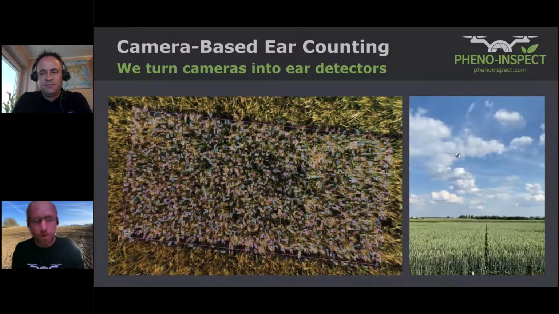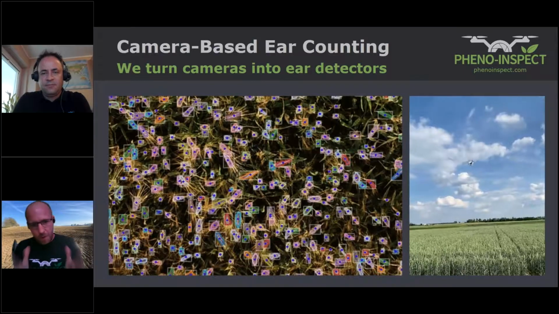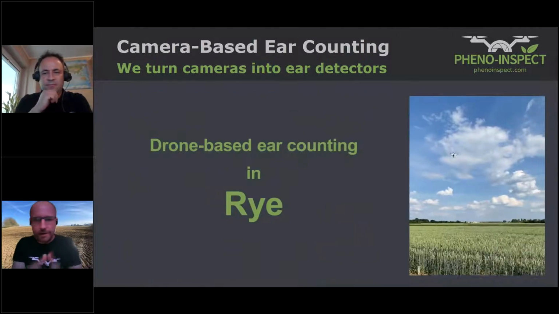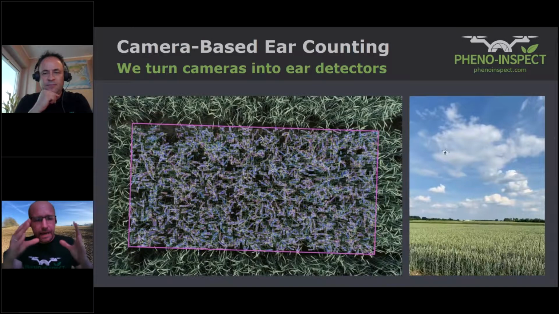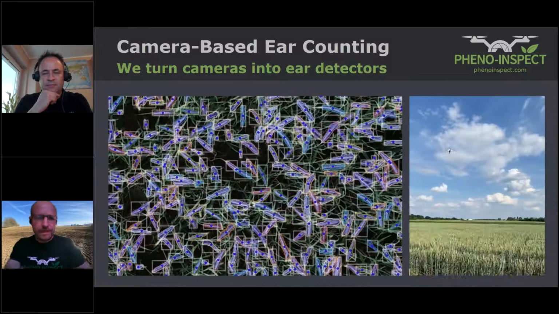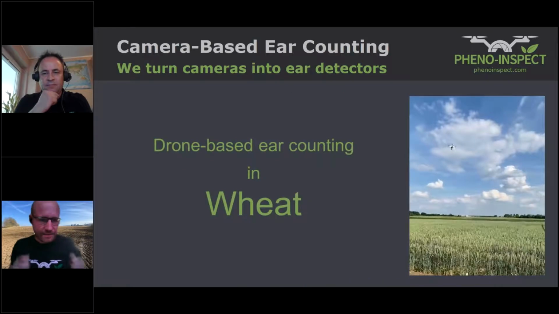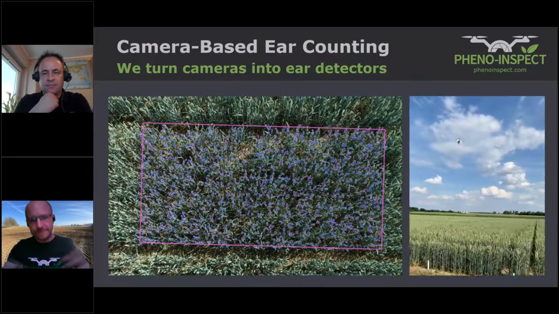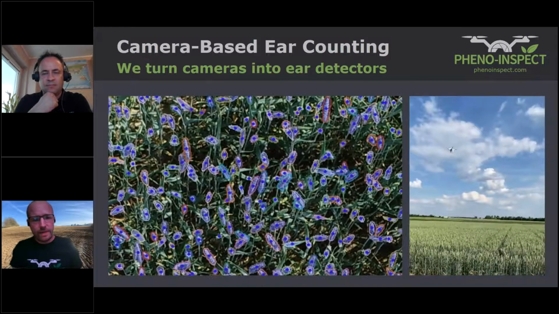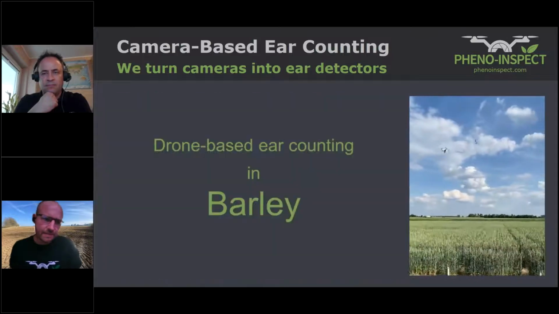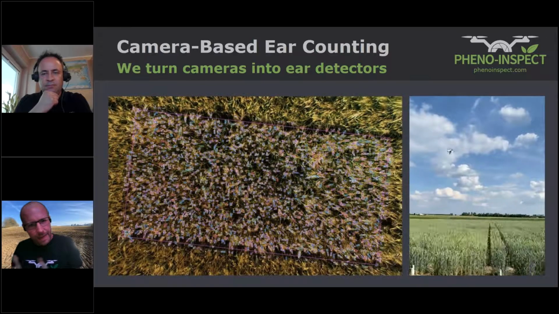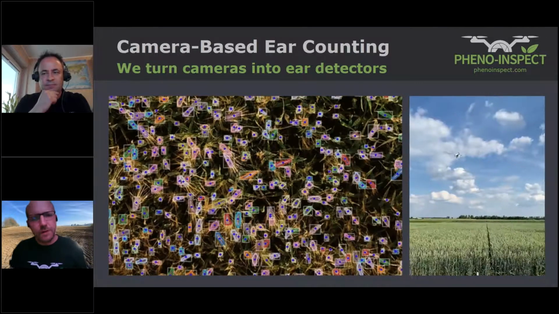And the typical approach today is that people have a frame, which is a square meter or even a quarter of a square meter, and then they lay the frame on the canopy, count the ears in this frame, and then extrapolate the result to the entire plot, which is highly dangerous because there is an assumption in the back end, which says, okay, there's a uniform distribution.